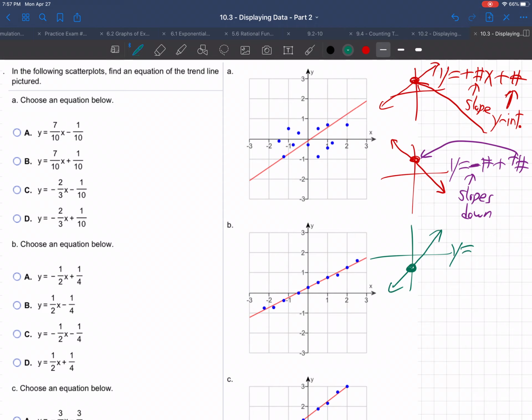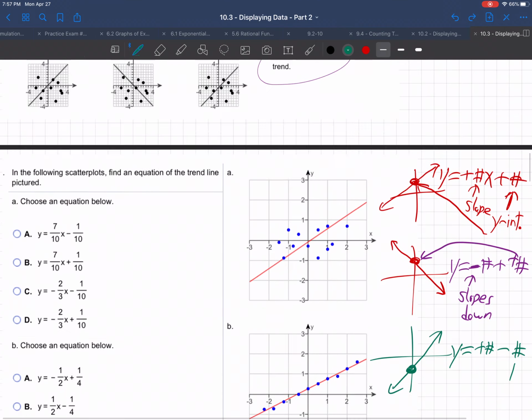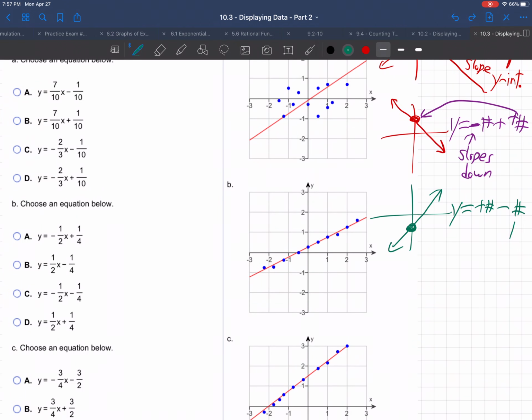So that equation would be positive because it's going up to the right, but a negative number out here, because that starts below 0, and the positive slopes up to the right.